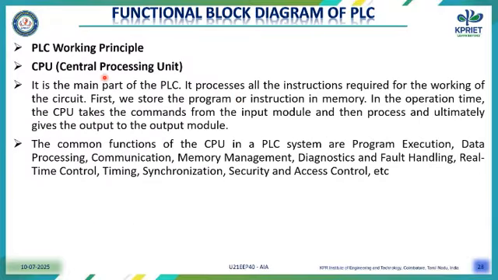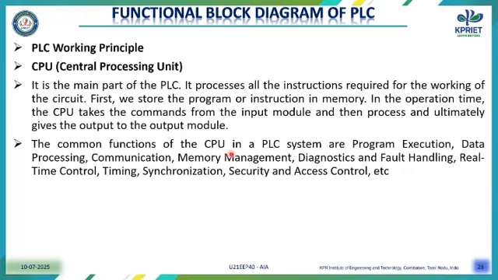Now we are going to see the central processing unit. This is the main part of the PLC. It processes all the instructions required for the working of the circuit. First, we have to write and store the program or instructions in the memory. During operation, the CPU takes commands from the input module, processes them, and ultimately gives output to the output module.